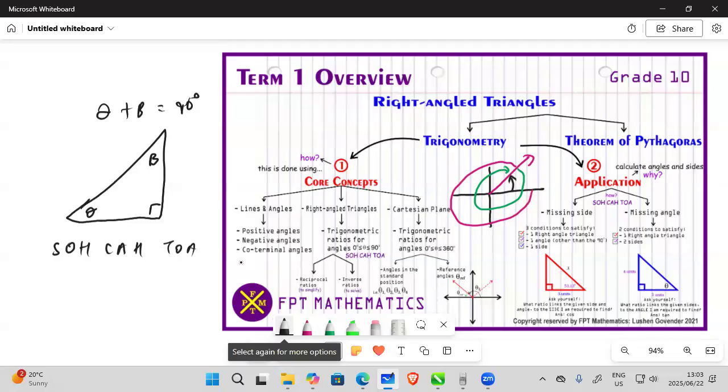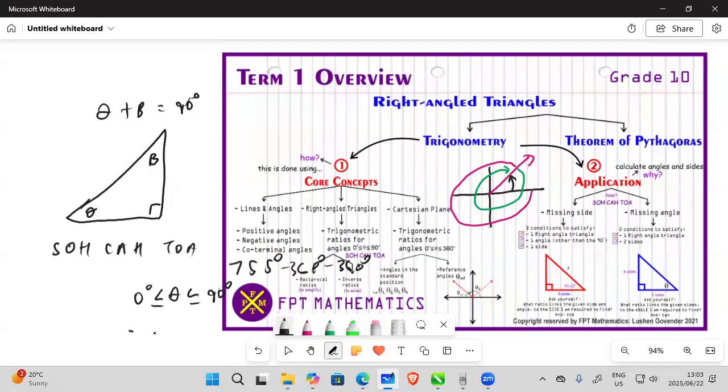It's because if you have a really big angle, like 720 degrees or 755 degrees, we can keep subtracting 360 degrees until we yield an angle that is acute. It's easier to work with acute angles than with an angle that we can't even fathom. Or if an angle is too small, like negative 755 degrees, we can keep adding 360 until we have an angle that is acute.